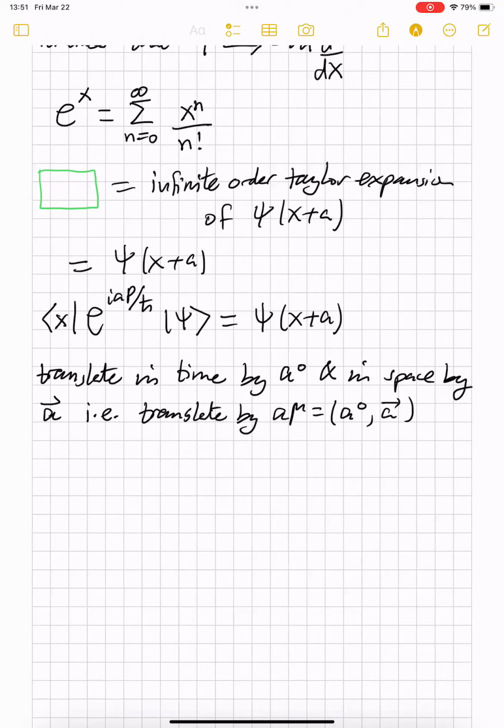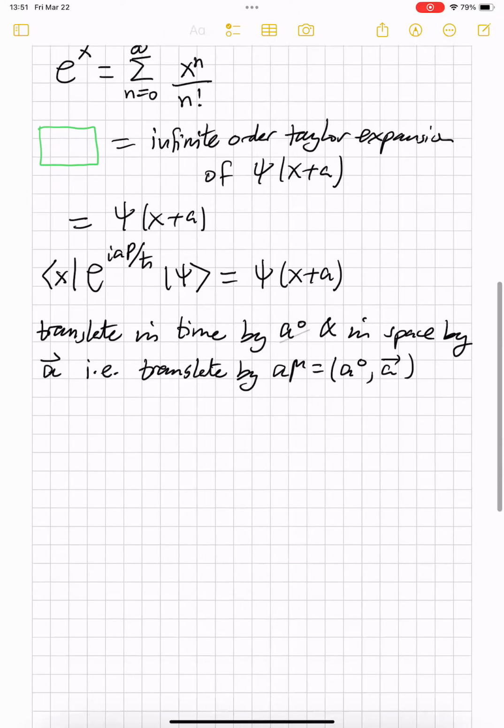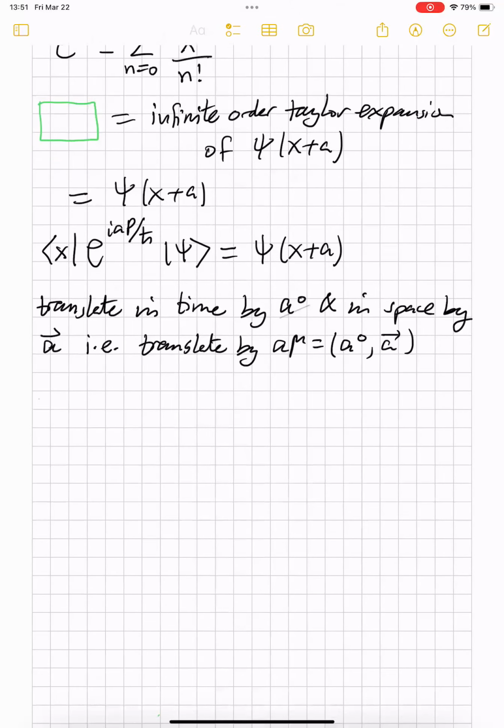So I'm translating in time and space. So let's write down that operator. So I want the U of a mu. I'll often just call this the U of a, so I often won't indicate that space-time index.